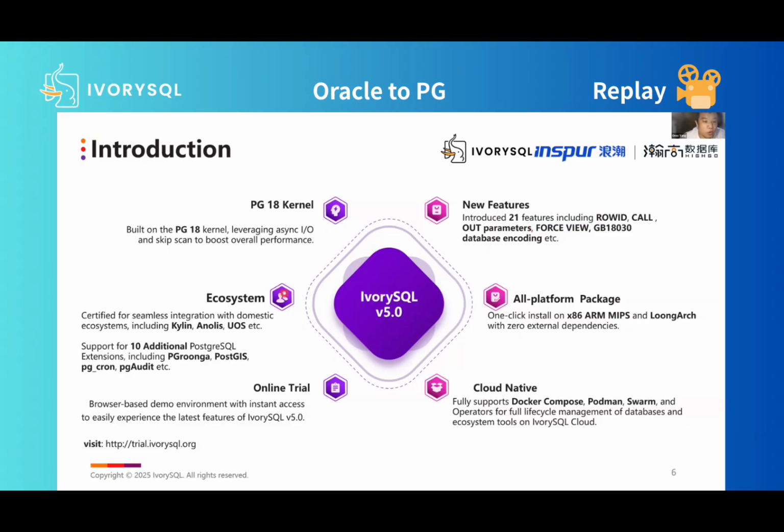About the building ecosystem. For our local ecosystem support, we made key progress and obtained official certification from several operating systems like Kylin and others, and the fourth is all-platform packages.